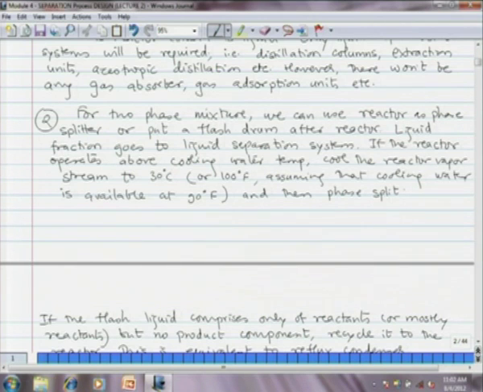If the reactor operates above cooling tower temperature, then we can use the cooling water to cool the reactor vapor stream up to 30 degrees centigrade or 100 degrees Fahrenheit, assuming that the cooling water is available at about 90 degrees Fahrenheit, about 20-25 degrees centigrade, and then we have to phase split.